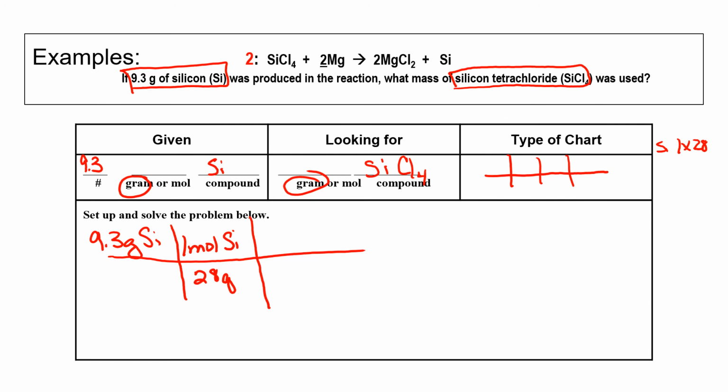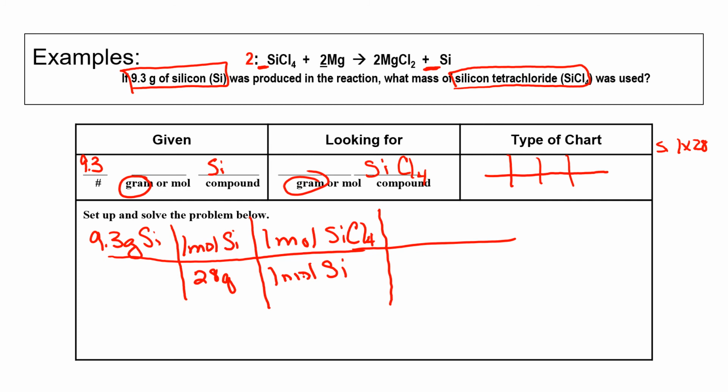So looking at our ratio from our equation, 1 mole of silicon is 1 mole of silicon tetrachloride. I was just making sure it was balanced properly.